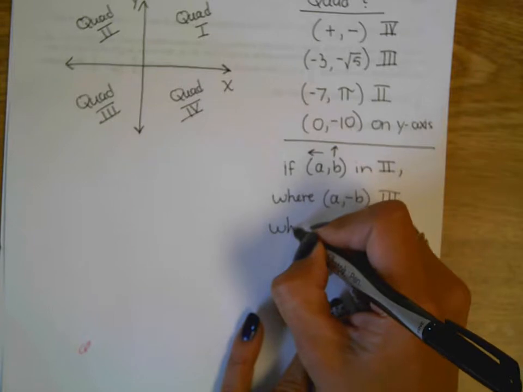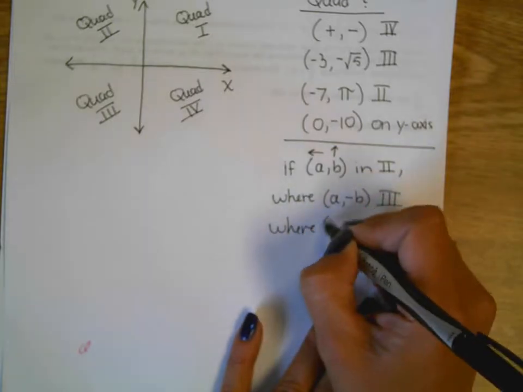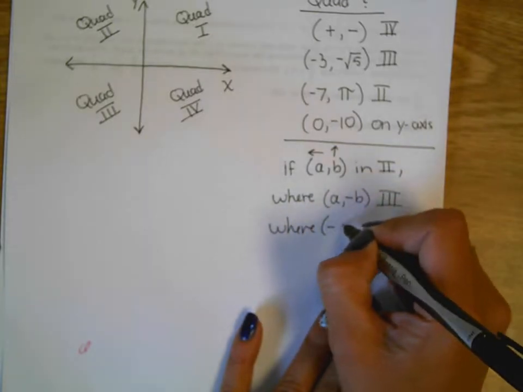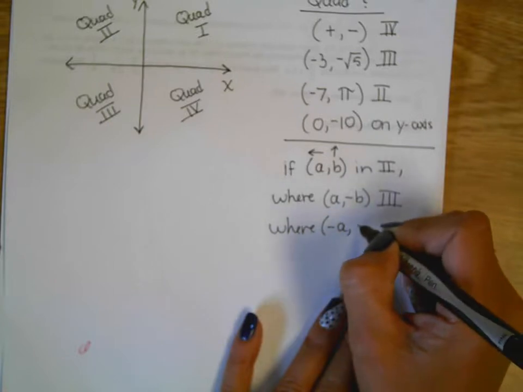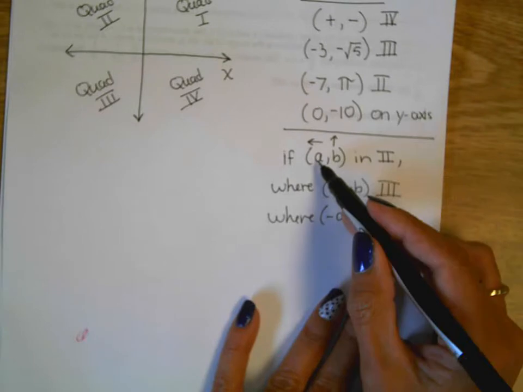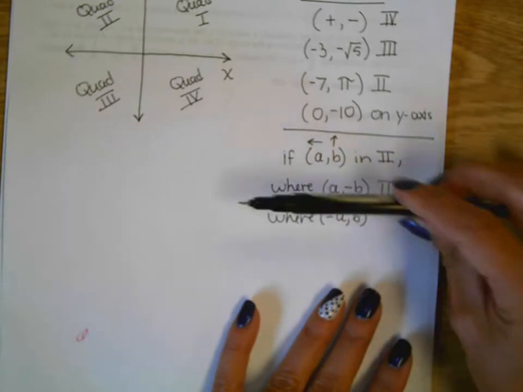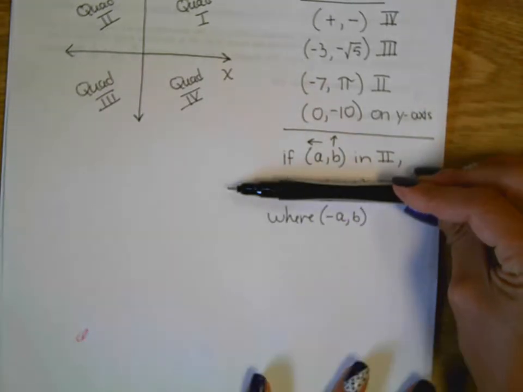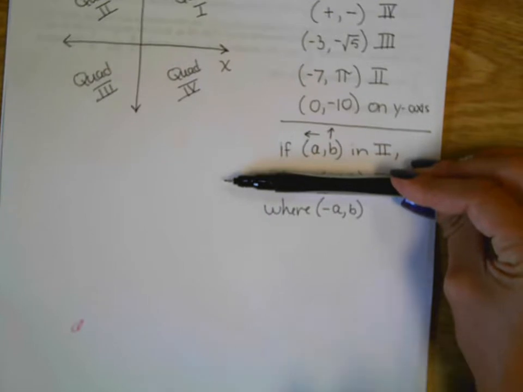Where would (negative A, B) be? Going back to the beginning now from there. Quadrant 1. Final answer.